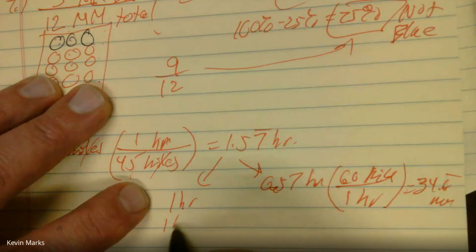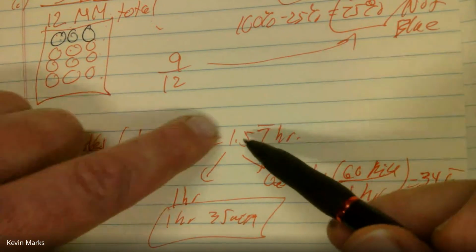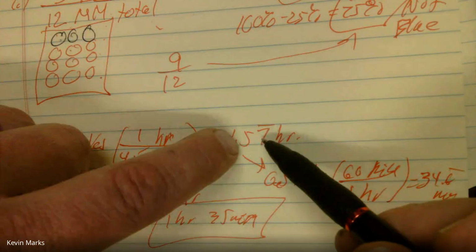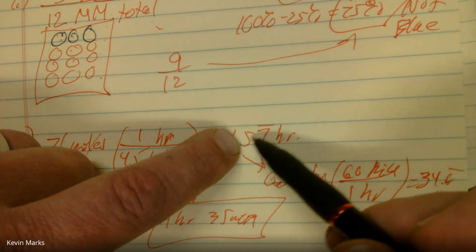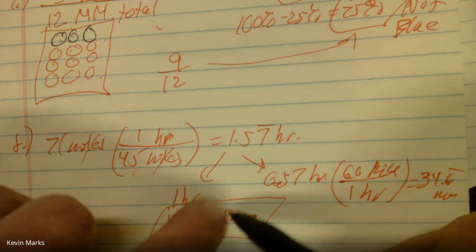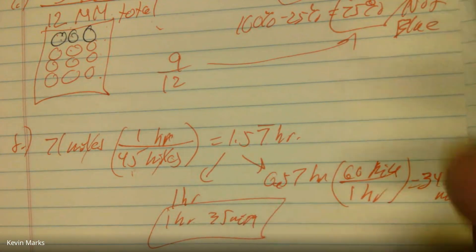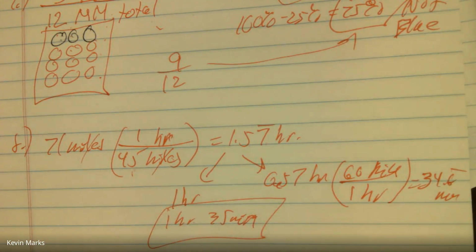So it should be 1 hour and 35 minutes, right? But that should kind of make sense because it's a full hour and this is 0.5. 57 minutes, that's almost a full hour. That wouldn't be half, but 35, there's your little bit more than half an hour, right? That should make more sense.